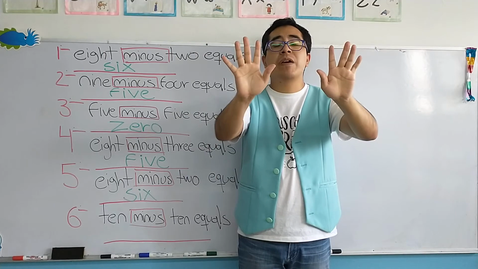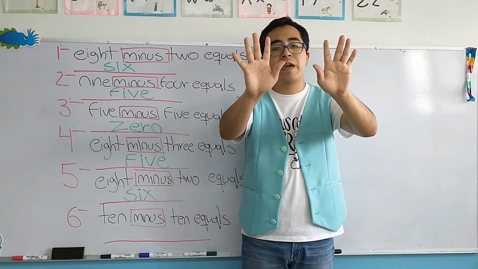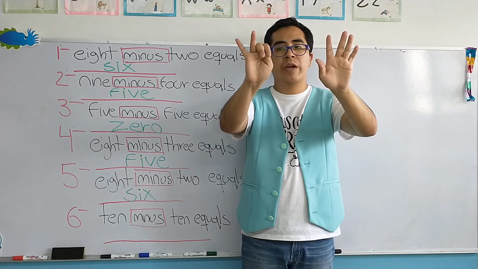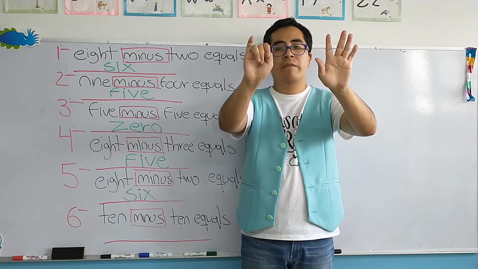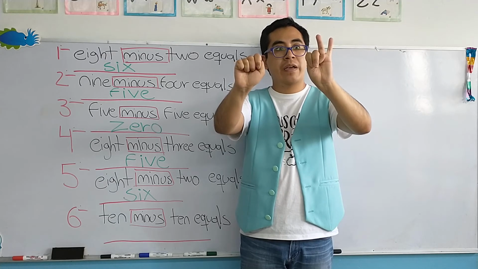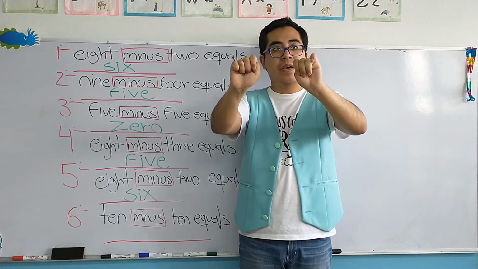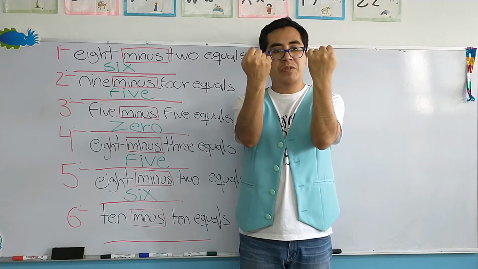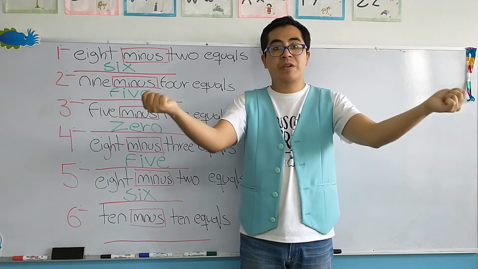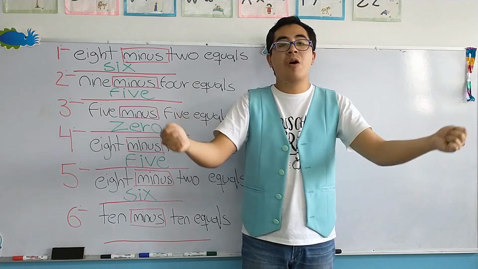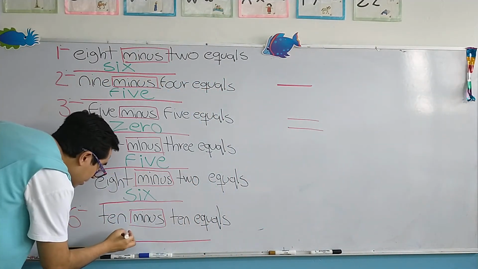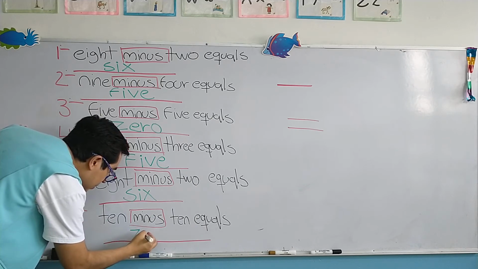That means that we have to remove 10 fingers. 1, 2, 3, 4, 5, 6, 7, 8, 9, 10. So what's the result? We don't have fingers, we don't have numbers. What's the result? 0. The result, number 0.